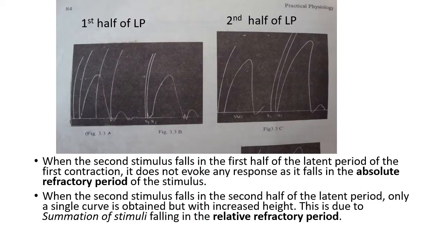So there will be no increased height of contraction. But when the second stimulus falls in the second half of latent period or in the relative refractory period, there will be response and there will be summation of stimuli. So we will get increased height of contraction, which you can clearly see.